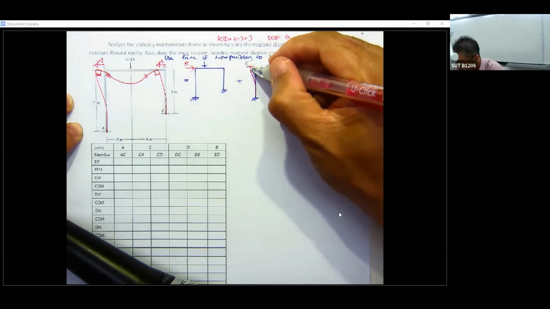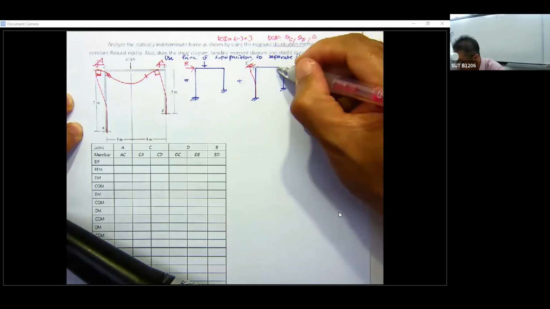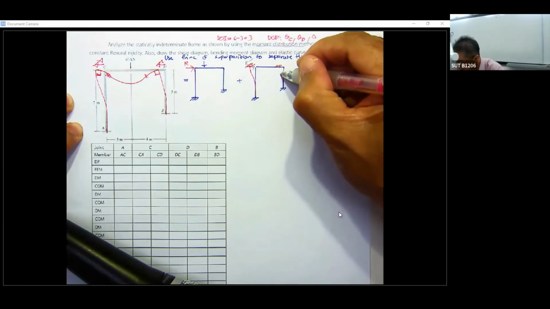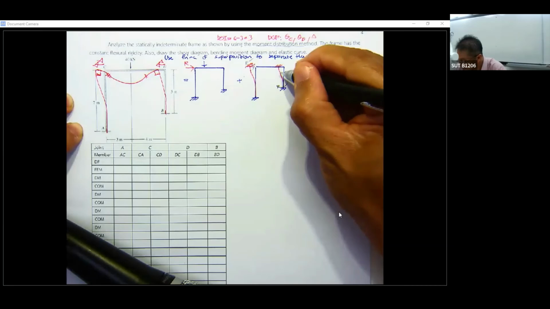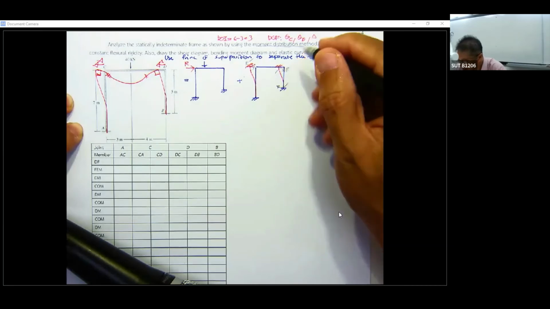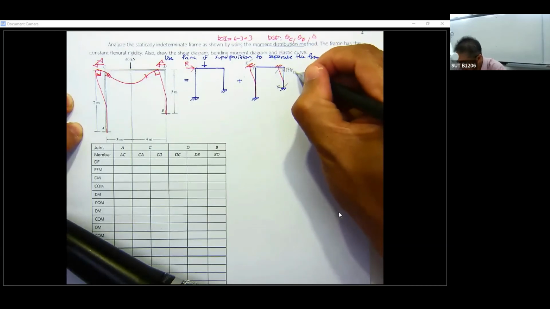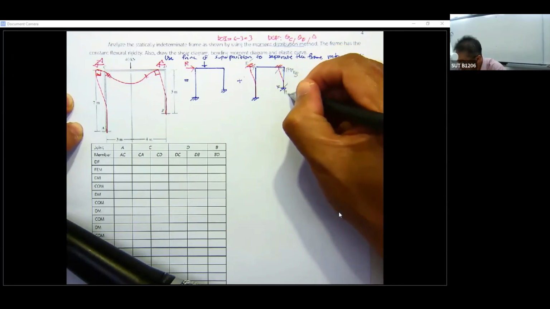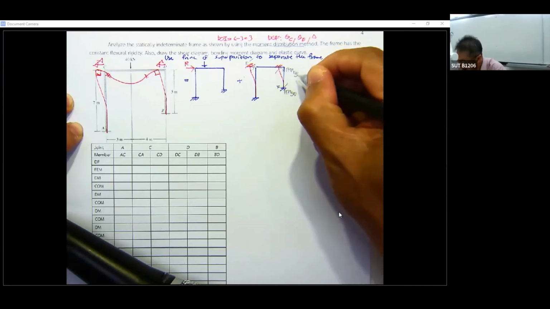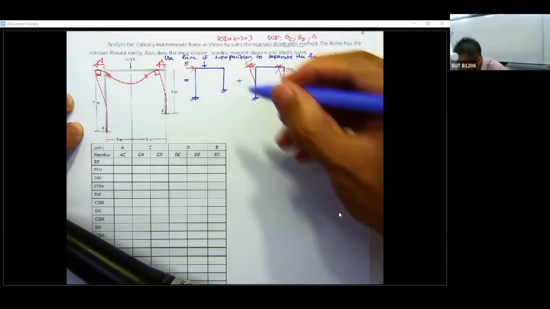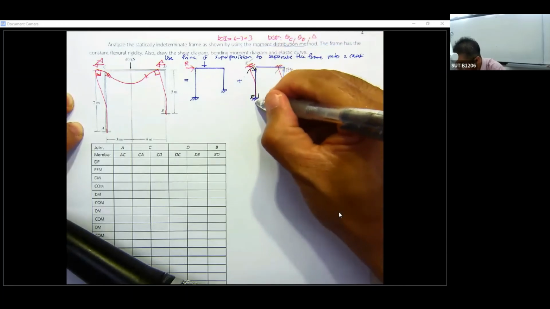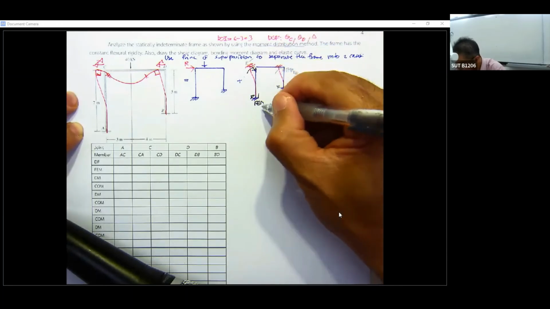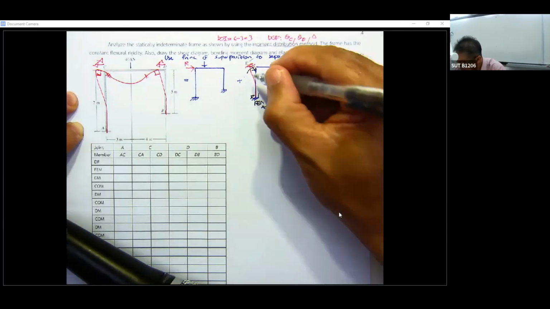By the sidesway deformation, the beam must be stiff. Now the problem here is that you are going to produce the fixed end moment, and the fixed end moment for this column, BD and DB, will be different from the fixed end moment over here, since the column has a different length.